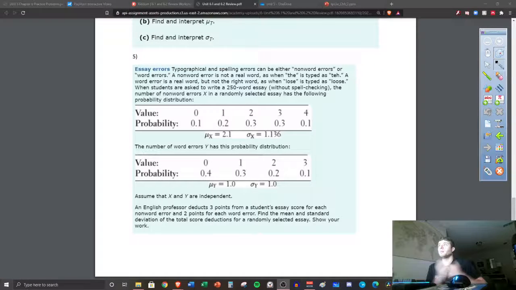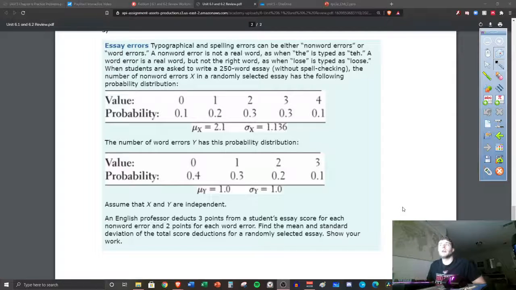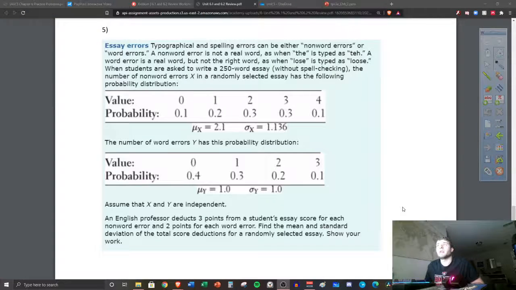All right, so I'm going to read the problem. It says typographical and spelling errors can be either non-word errors or word errors. A non-word error is not a real word, as when "the" is typed as "teh." A word error is a real word but not the right word, as when "lose" is typed as "loose." When students are asked to write a 250-word essay without spell checking, the number of non-word errors X in a randomly selected essay has the following probability distribution.